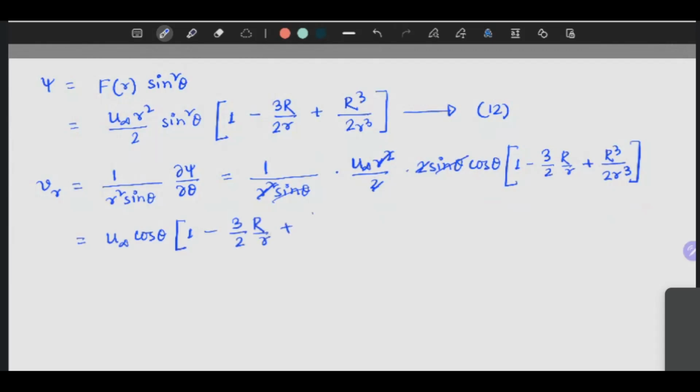So this is a big calculation. You can see that we can easily write the Stokes drag, but this calculation is quite big and tedious.